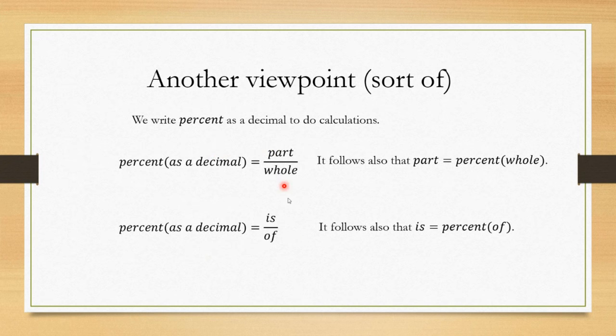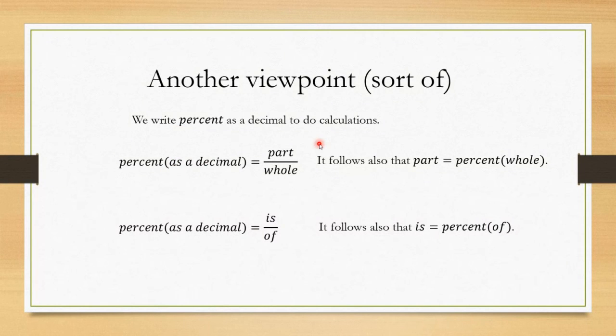And then you're going to use either one of these two equations. For instance, percent as a decimal equals part over whole, or it equals is over of. This is especially useful when you have word problems to work with.